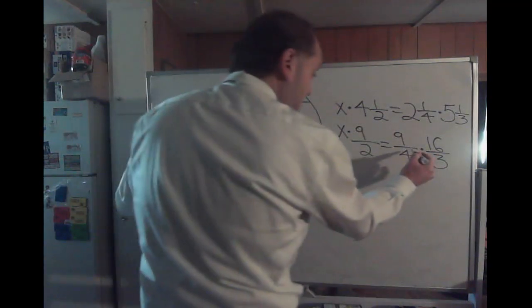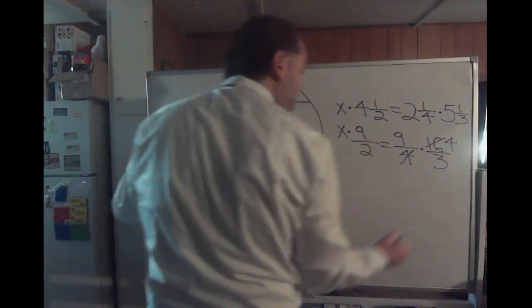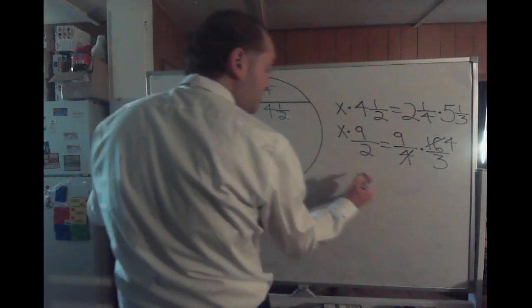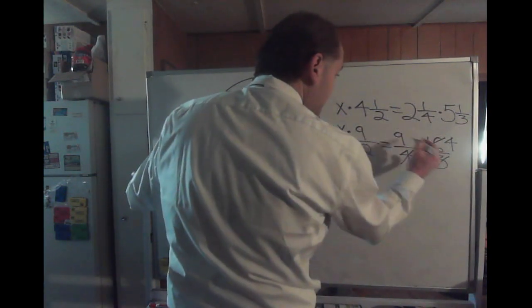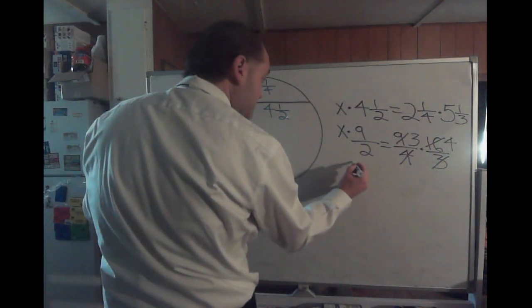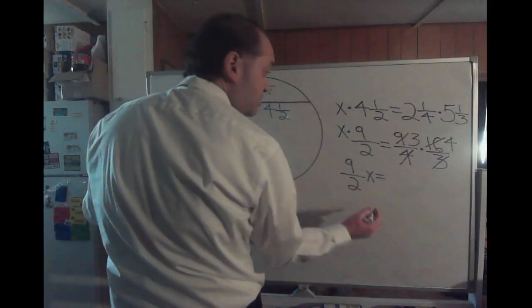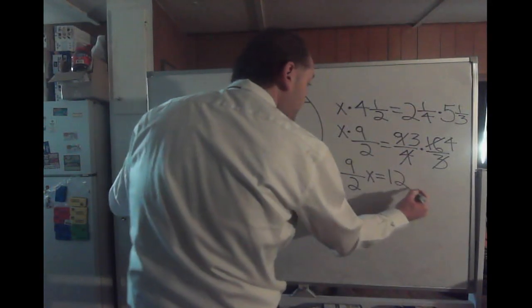Well, we notice here in this one you can cancel out a 4. That would become a 4. This will end up turning, of course, the 3 here would cancel out. This would become a 3. So what you really have now is 9/2 x equals 12.